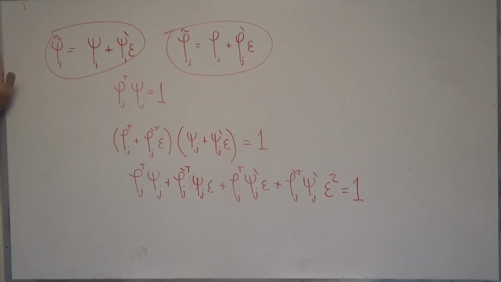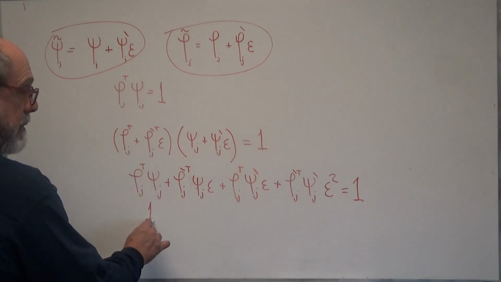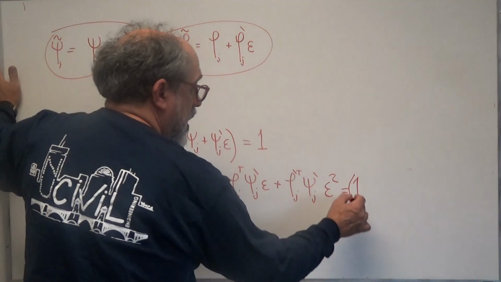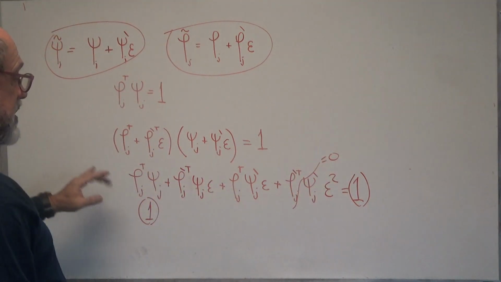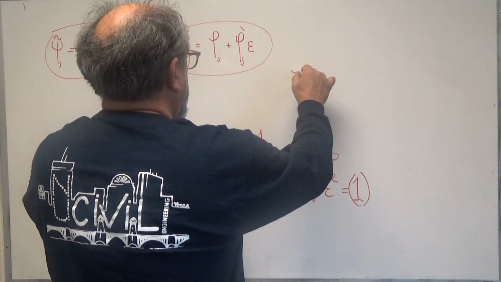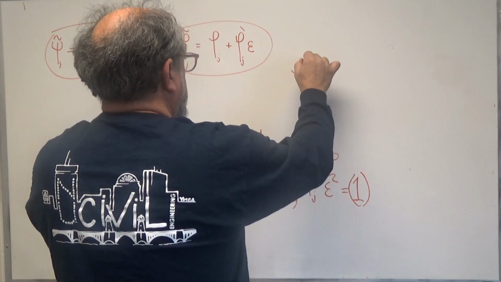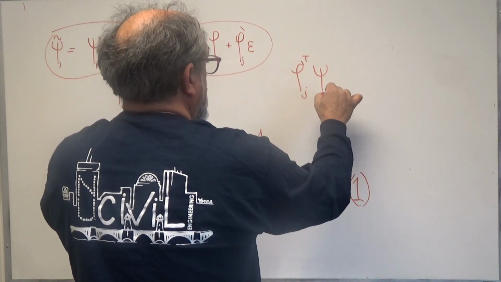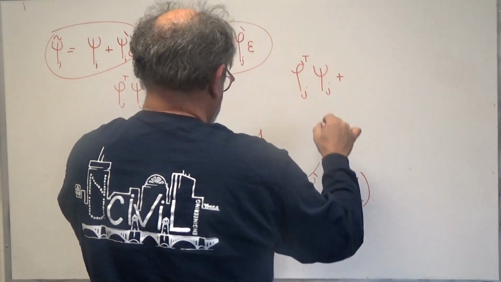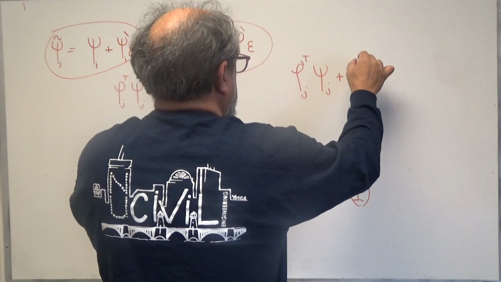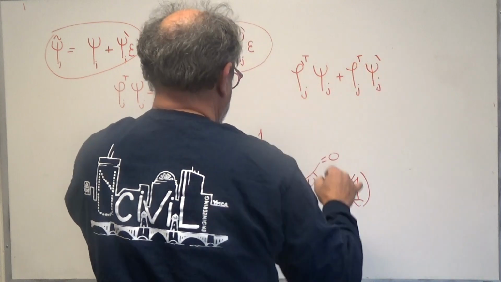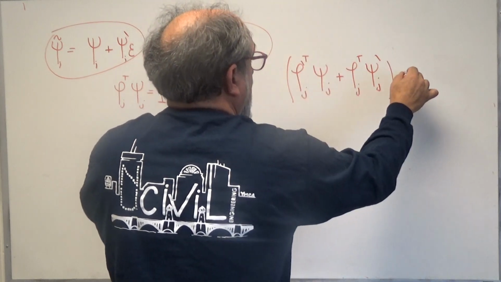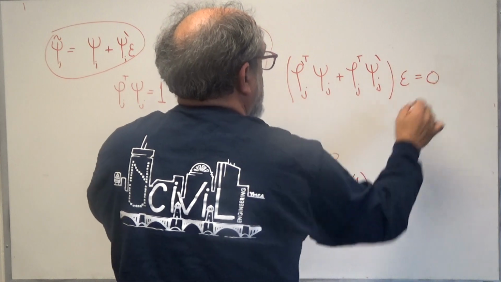So that means then that since this right here is a 1, and that's a 1, and this has an epsilon squared, which we can approximate as 0, then we get that phi j prime transpose times phi j plus phi j transpose times phi j prime times epsilon is equal to 0, right?